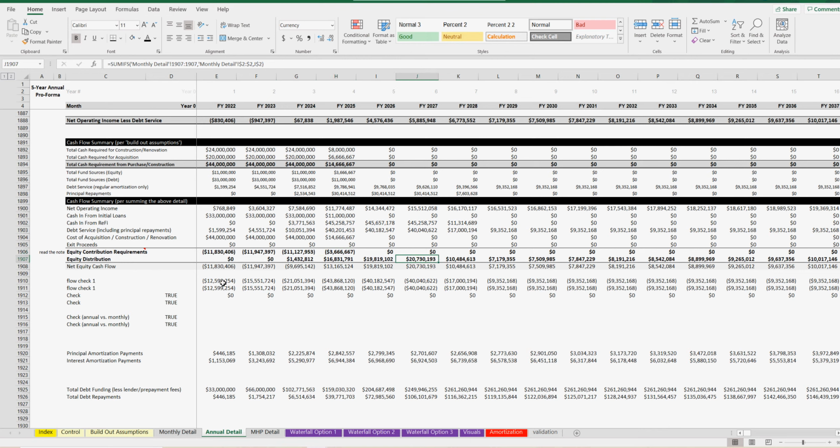Then flow checks. Then here's some summaries I did to make cool charts showing the total debt taken on versus the total repayments made. I thought that was interesting. So the debt is going to be the initial loan, plus any refinance, and then the repayments are obviously you're repaying the initial debt, and then you won't pay the final amount until if there is an exit.